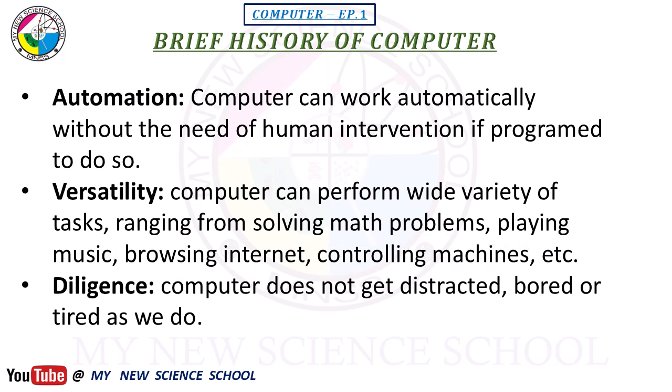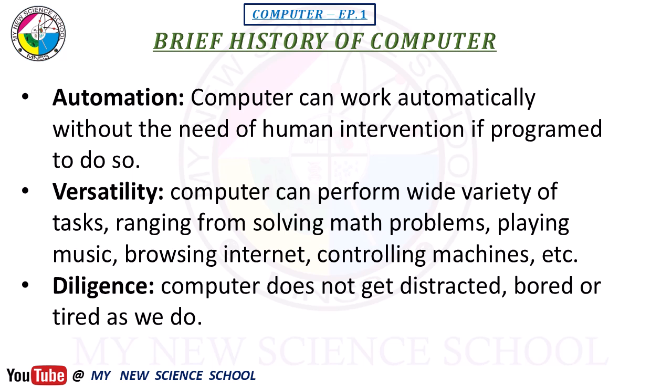Then we have diligence. By diligence, we mean a computer cannot be distracted. You cannot distract a computer: you can ask it to play music, and you come with food, or you are eating food beside the computer. The computer doesn't even know what is happening.